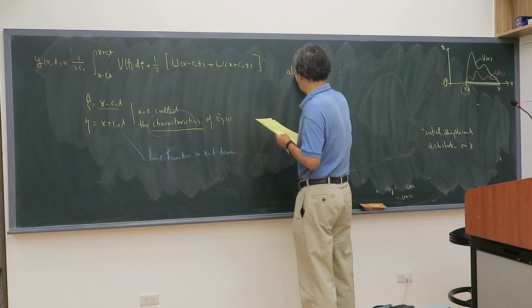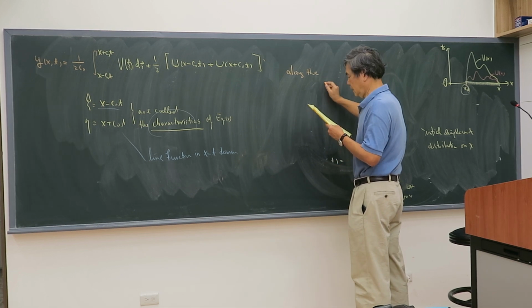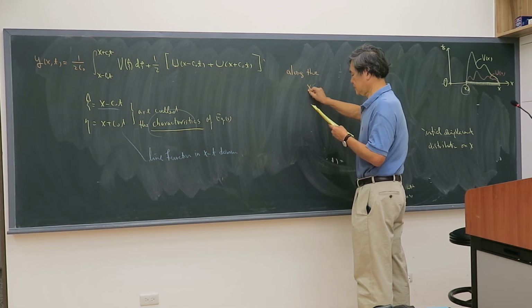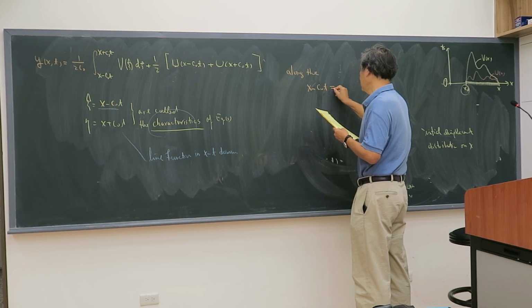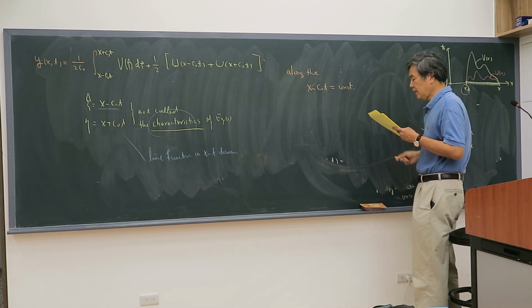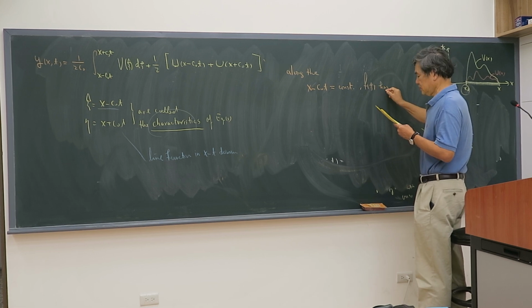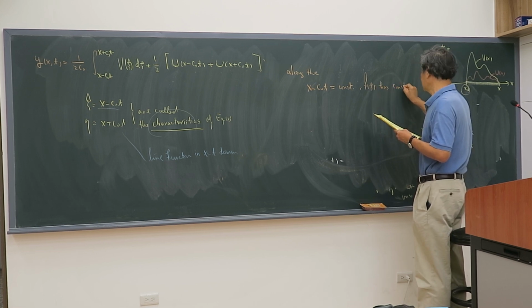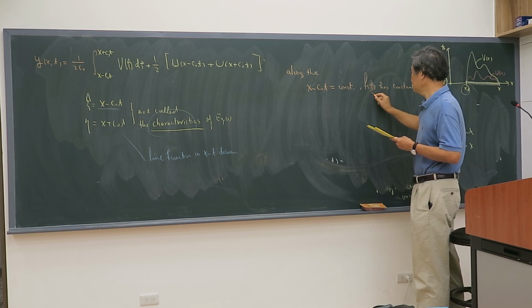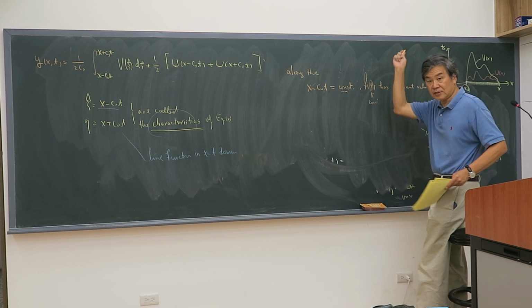So along x minus c0t equal to a constant, any value, okay, this function has constant value, right? Because this is equal to a constant. So this function will be constant.